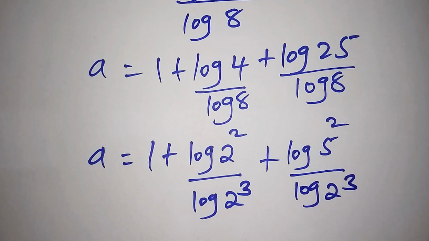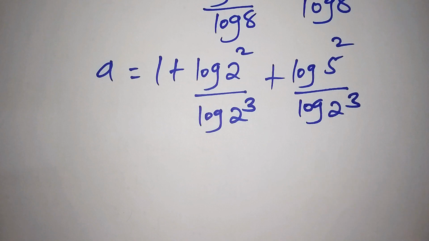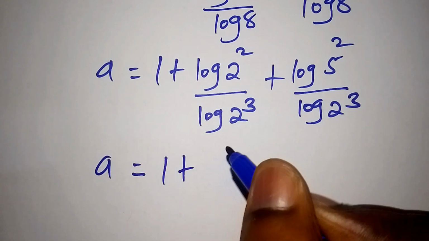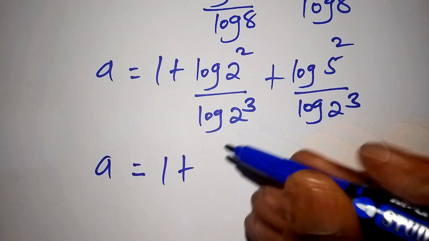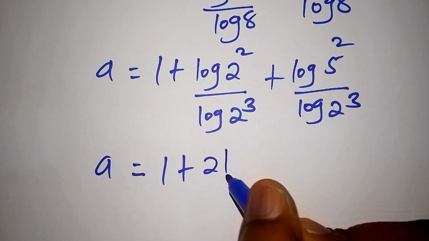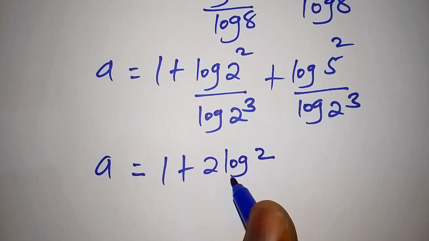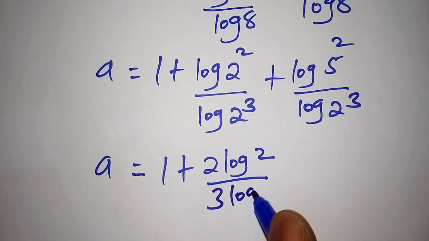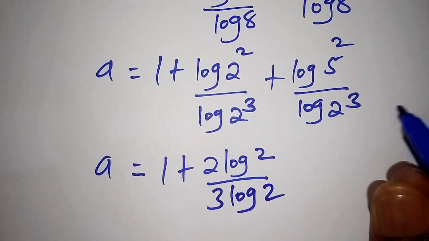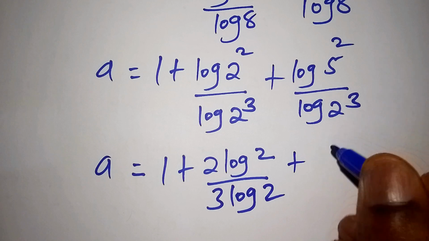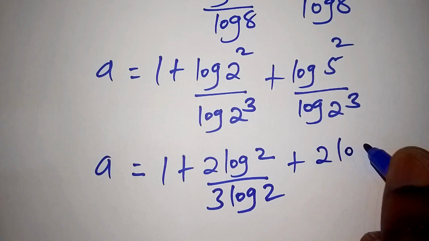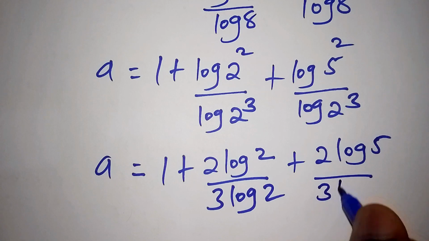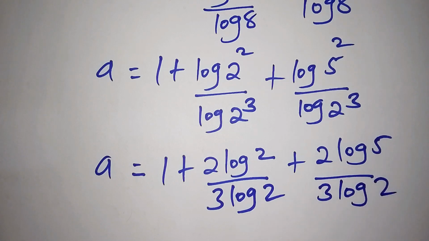Okay, so we shall now move to the next, where our a is equal to 1 plus the log of 2 to the power of 2, which can also be written as 2 times the log of 2, all over 3 times the log of 2, then plus 2 times the log of 5 all over 3 times the log of 2.